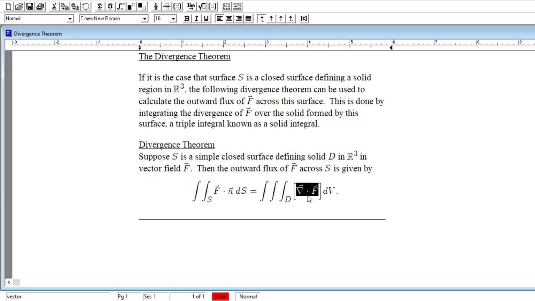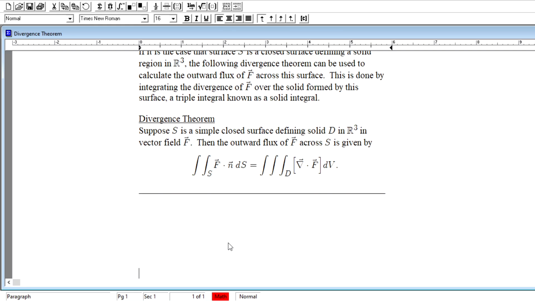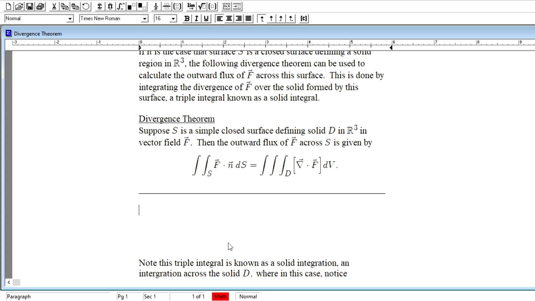If you take note, we learned about this del operator dotted with F bar back at the beginning, looking at vector fields, where this is known as the divergence of the field. And what this integral operator is doing is integrating the divergence across this entire solid.